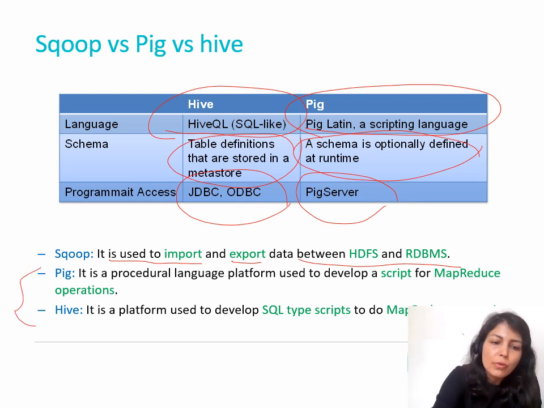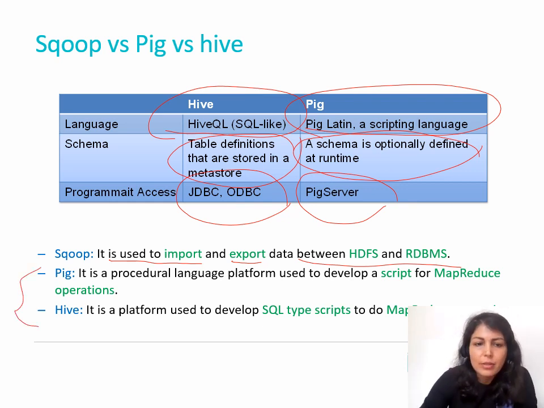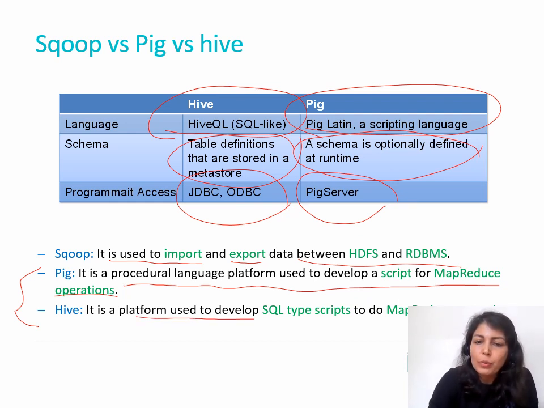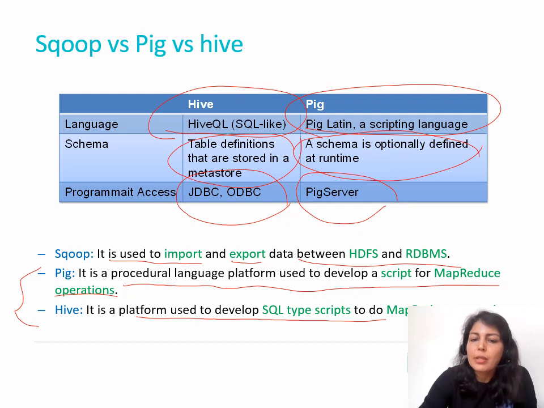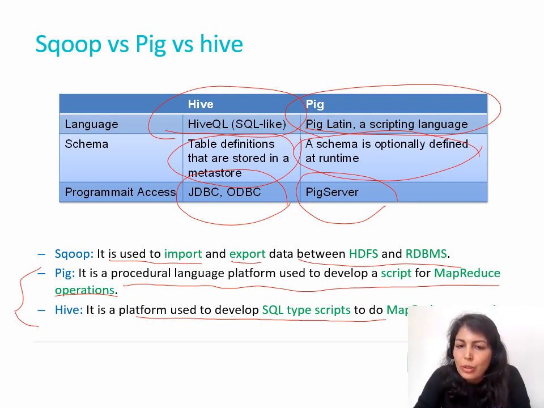Pig and Hive are both for data analysis, but Pig is a procedural language platform which uses a scripting language for MapReduce operations, while Hive is a platform which provides an SQL-type language to execute MapReduce operations. Another important thing is Pig is for semi-structured and unstructured data, and Hive is for structured data.